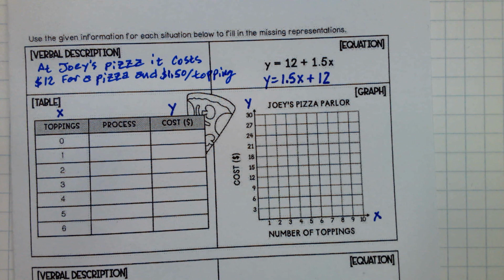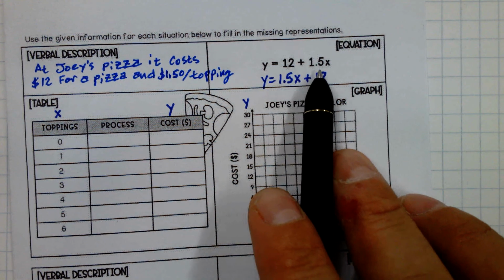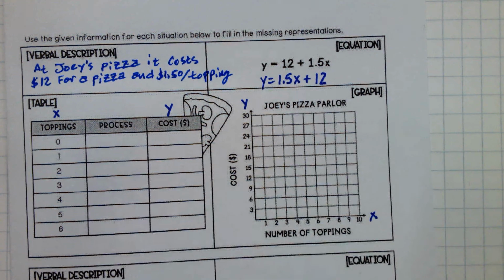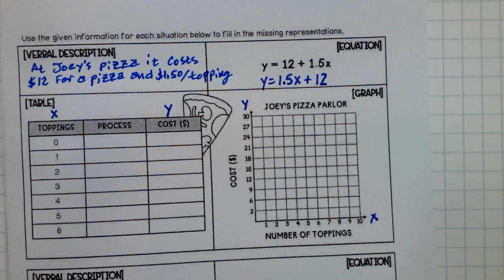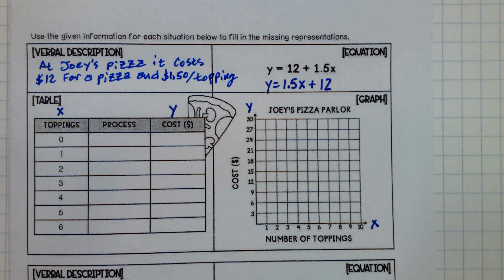Okay. So that's how we got this. It's $12 plus $1.50 per topping. Okay, and x is the number of toppings. So this function or equation would tell us the total cost for any number of toppings.